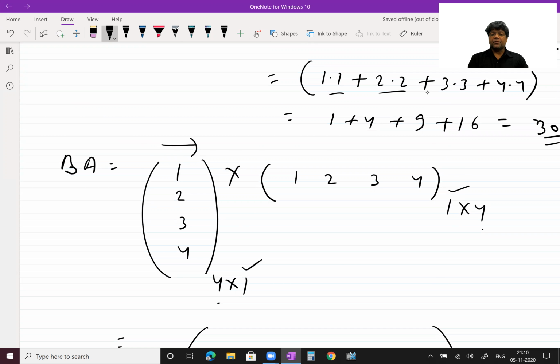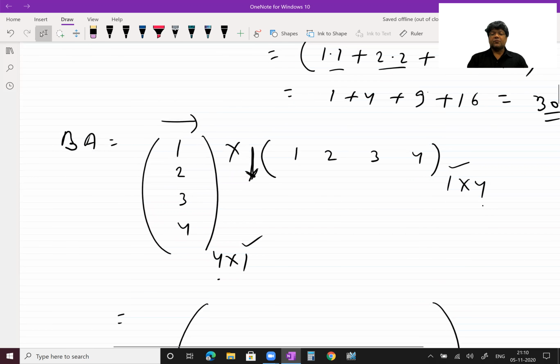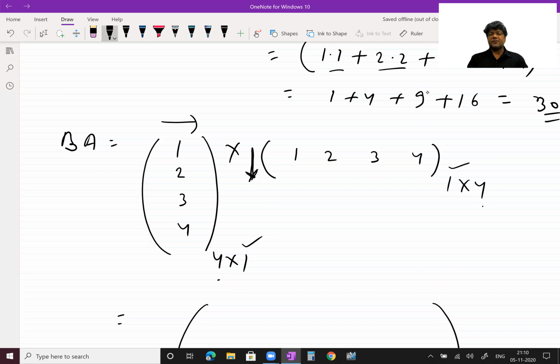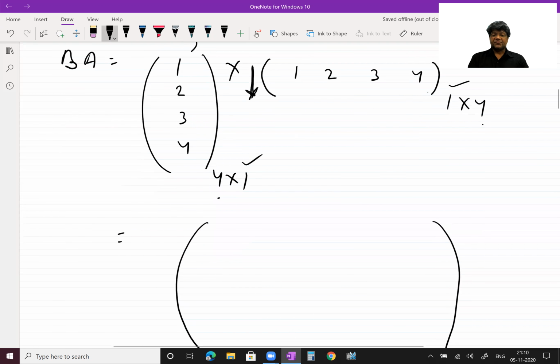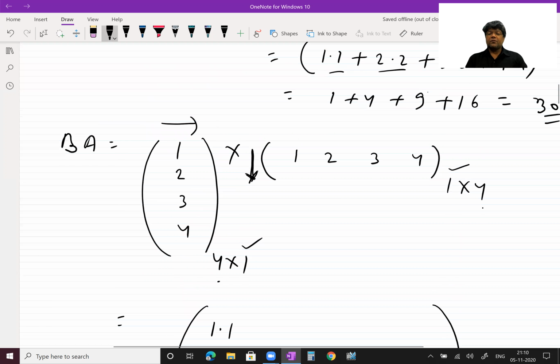How will the multiplication be done? Row by column. The row of the first is multiplied with the column of the second. In the first row, how many elements? Only one. In the first column of the second, only one. So 1 into 1. Now the first row with the second column, 1 into 2.